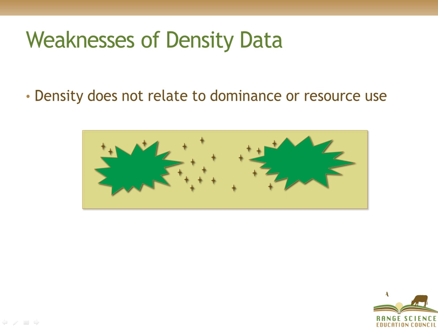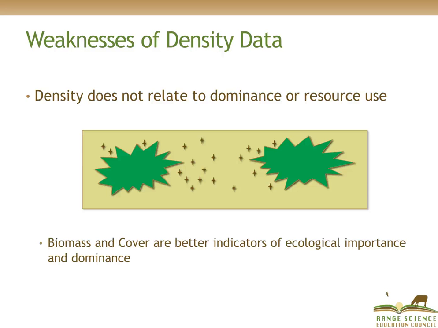The density of the red individuals, or the red types of plants, is 10 times greater than the density of the green species. But it's fairly obvious that in this case, the green species are more dominant. Biomass and cover are attributes that are much better indicators of ecological importance and ecological dominance.